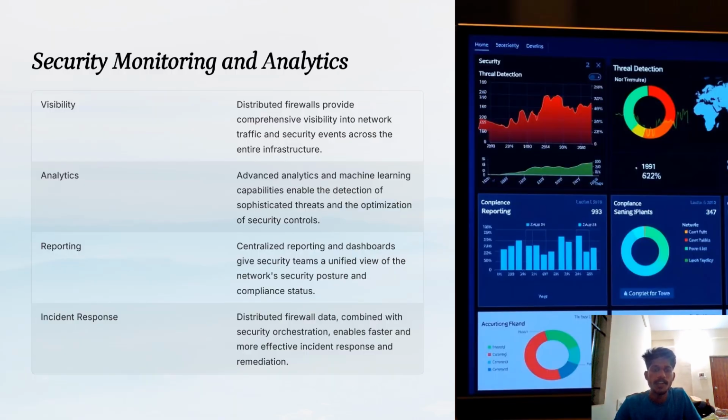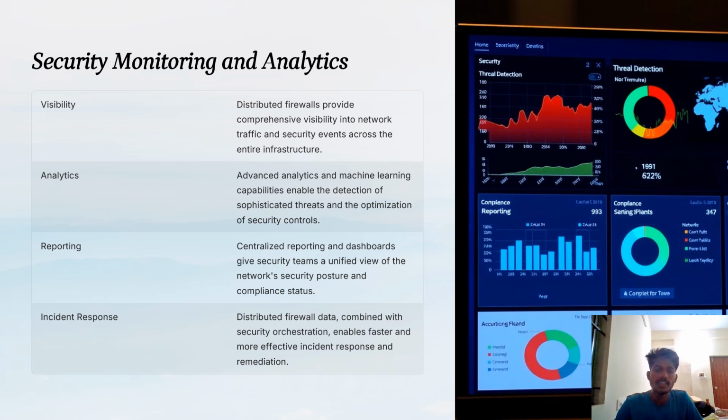Next, we have security monitoring and analytics: visibility, analytics, reporting, and incident response. Visibility: distributed firewalls provide comprehensive visibility into network traffic and security events across the entire infrastructure. Analytics: advanced analytics and machine learning capabilities enable the detection of sophisticated threats and the optimization of security controls.